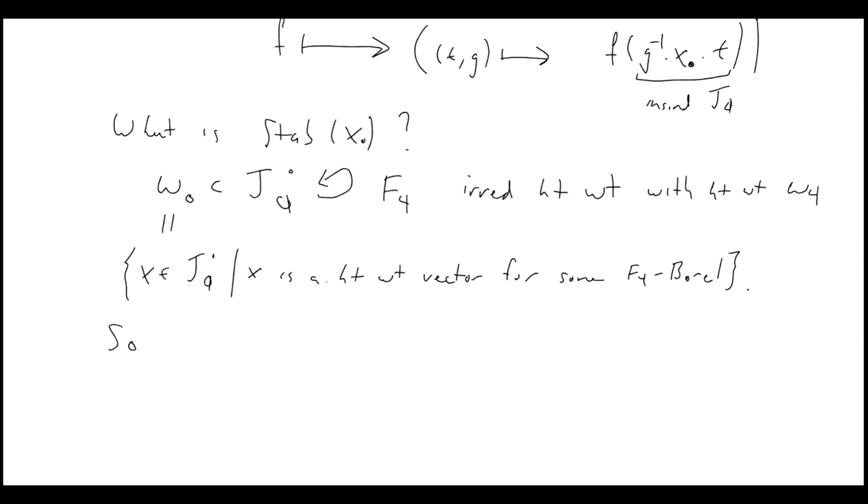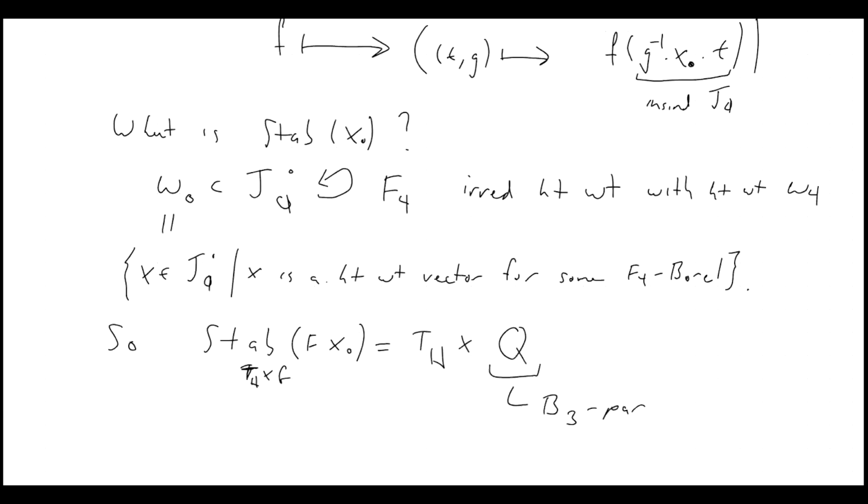So in particular, let's first look at the stabilizer not of X naught, but of the line. This is going to be TH cross Q, and this will be the B3 parabolic. We get that B3 parabolic just because the highest weight of that representation was the fourth fundamental weight.